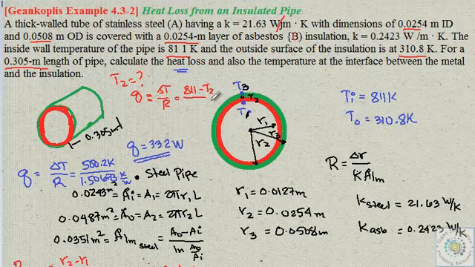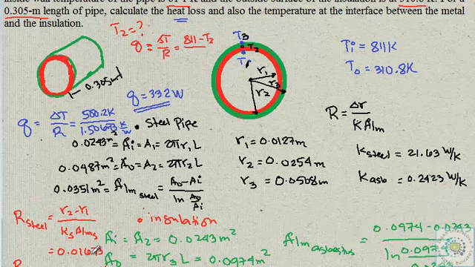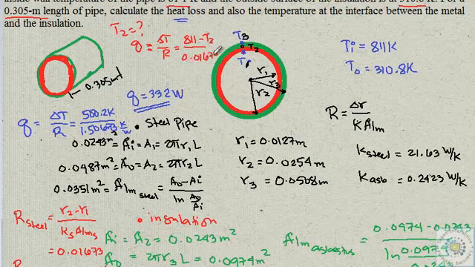The resistance of this steel pipe, we know already, right? It's equal to 0.01673, and Q is roughly 332 watts. Then I only have one unknown, T2, so I can solve for T2 using this equation. 332 is equal to 811 minus T2 over 0.01673.